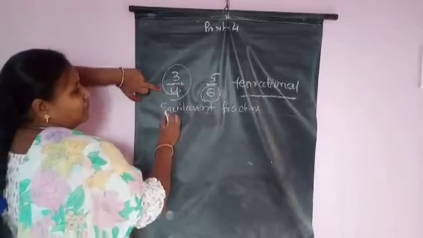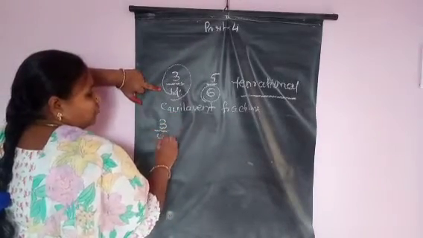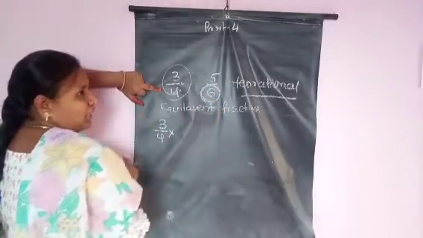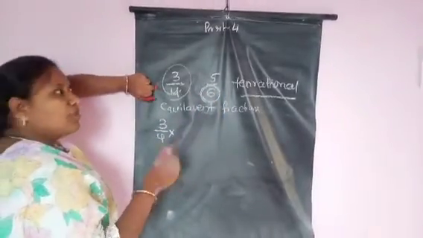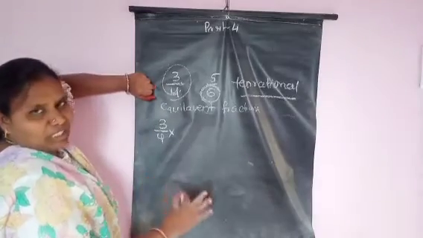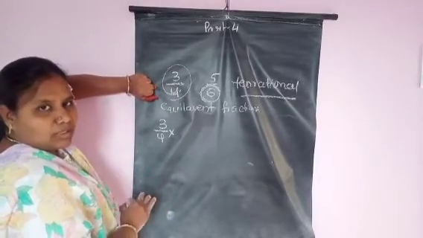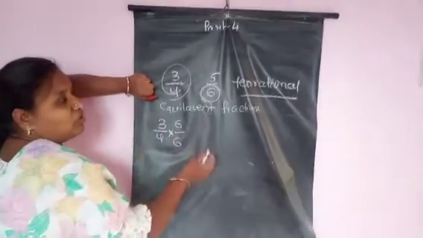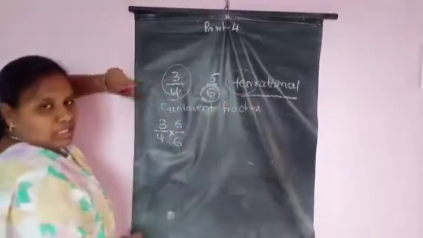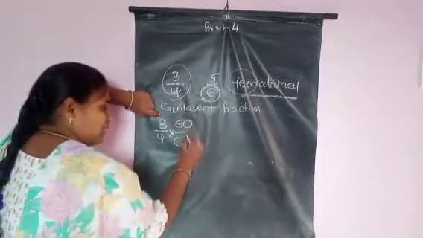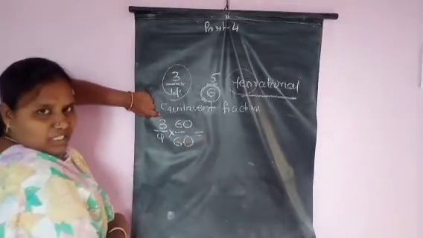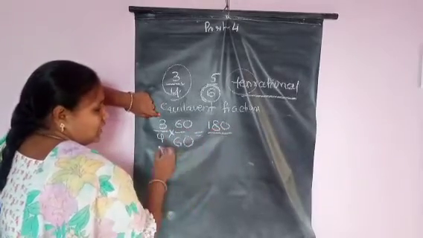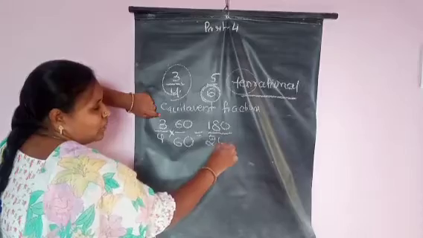For 3 by 4, multiply with the denominator of the other, which is 6. If we want to write 2 or 3 numbers in between, we can use 6 by 6. If we want to write 10 or 100 rational numbers, we will multiply by 60 by 60. 3 60s are 180 and 4 60s are 240.